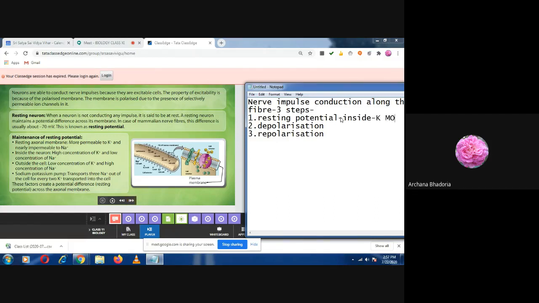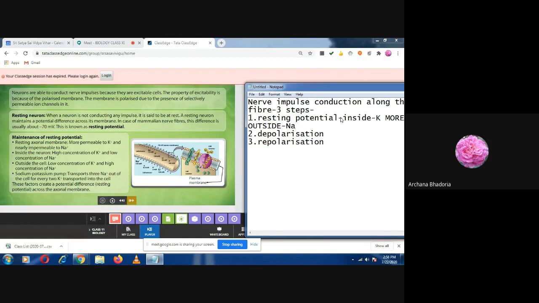Is it clear? Outside the cell there will be higher concentration of sodium, and inside the nerve cell, that is the nerve fiber, there will be more potassium.